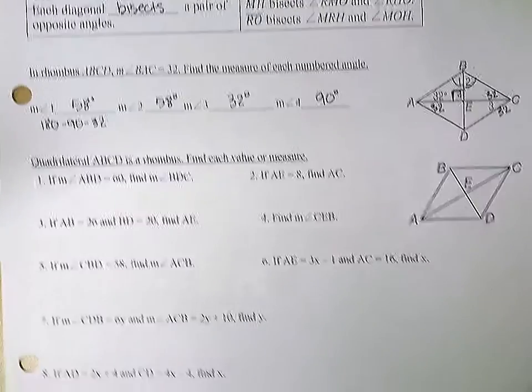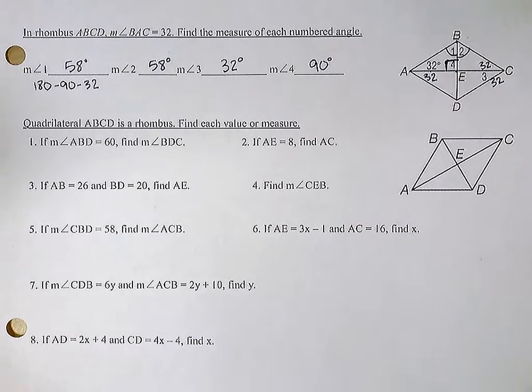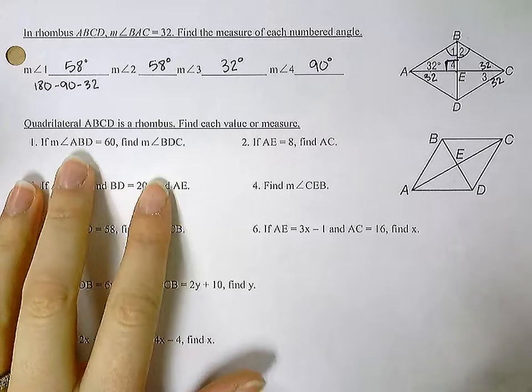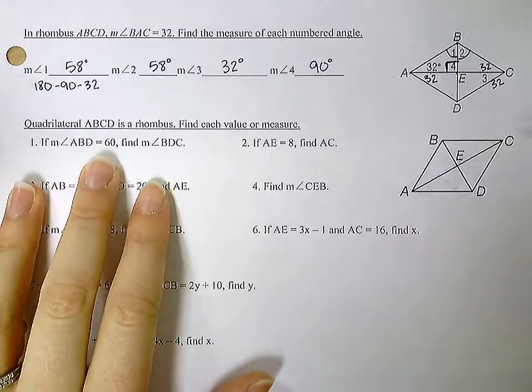All right, we have some more examples here. In these next few examples, quadrilateral ABCD is a rhombus. So it is telling us it's a rhombus, so we can use all the properties of a rhombus. We want to find each value or measure. So in number 1, we have angle ABD is 60.